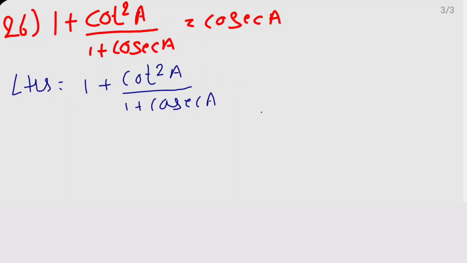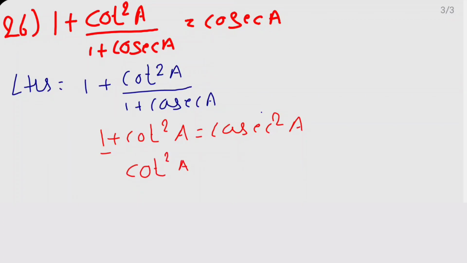Now that one identity, 1 plus cot square A is equal to cosec square A, and this 1 comes to the RHS side, it becomes a minus. So here cot square A is equal to cosec square A minus 1. So instead of this cot square A, we can write cosec square A minus 1.